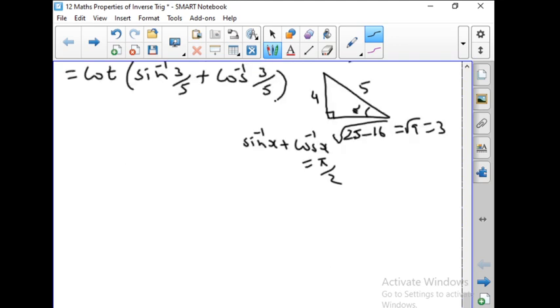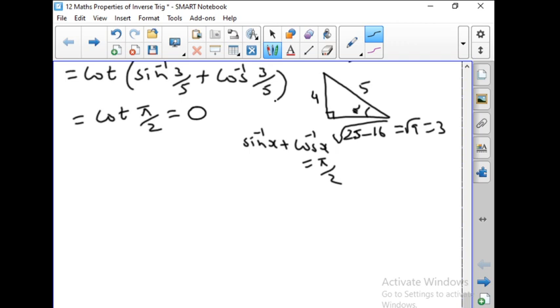Therefore this is equal to cot pi by 2, and cot pi by 2 is equal to 0. Tan pi by 2 is undefined, infinity. So cot pi by 2 is 0.